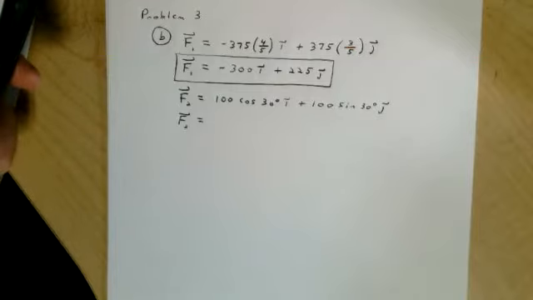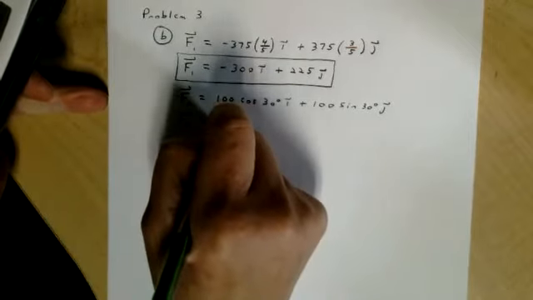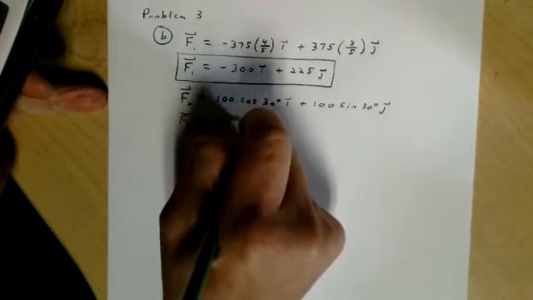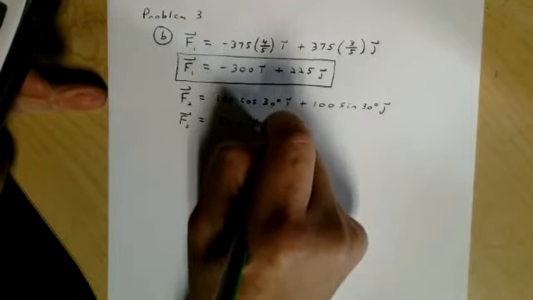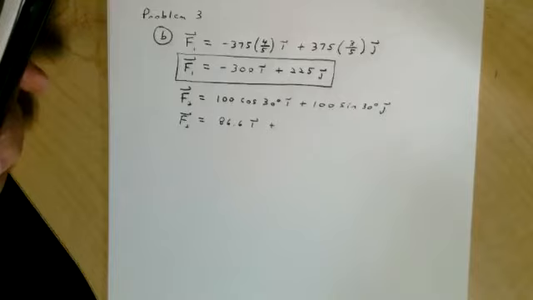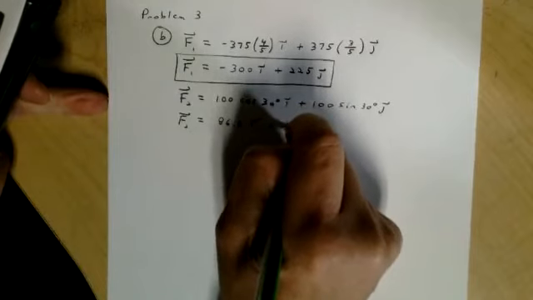And so it's going to be 100 cos 30, which is about 86.6, and 100 sine 30, which is 50.